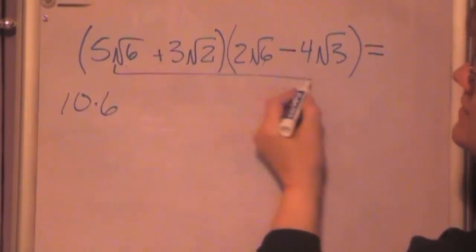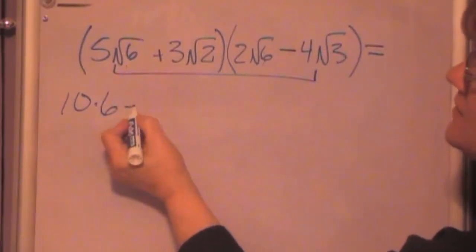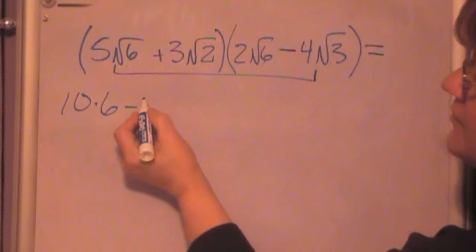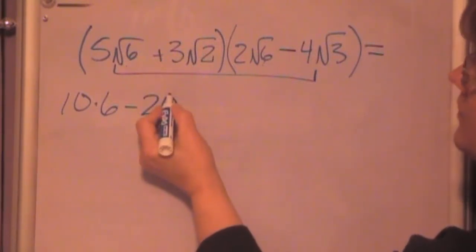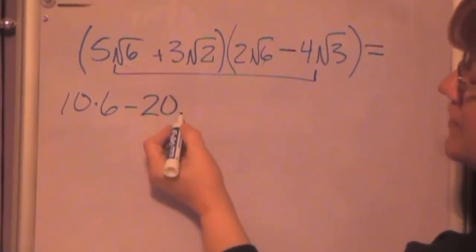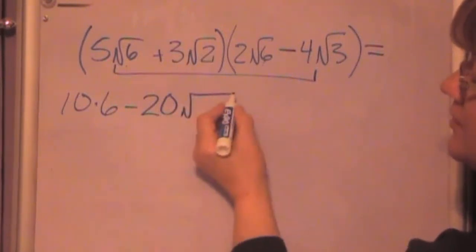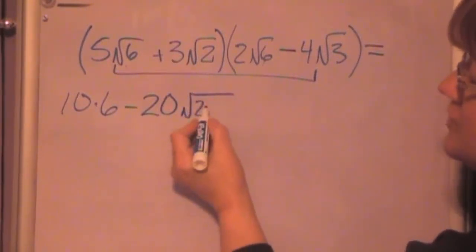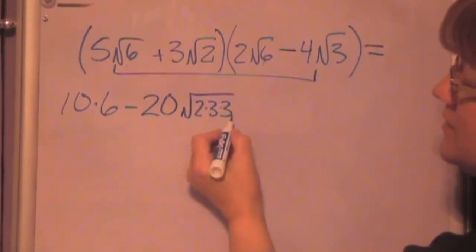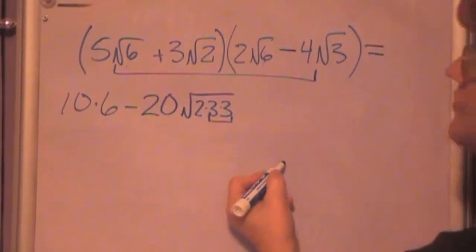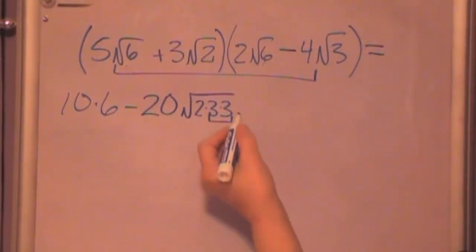Okay, here. Now my outsides are minus 4 times 5 is 20. Root 6 times root 3 is, and I'm going to leave it factored because it's 2 times 3 times 3. Notice I'll have 2 factors of 3 in there that I'll be bringing out.